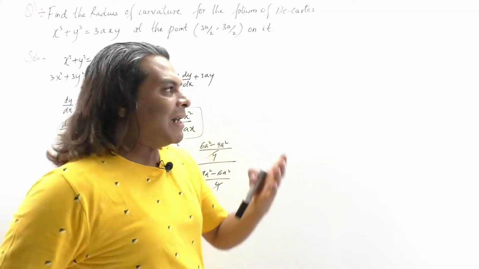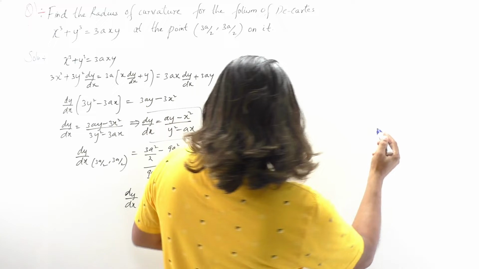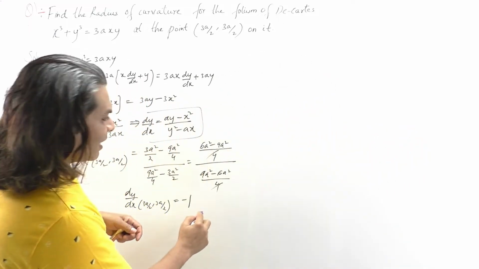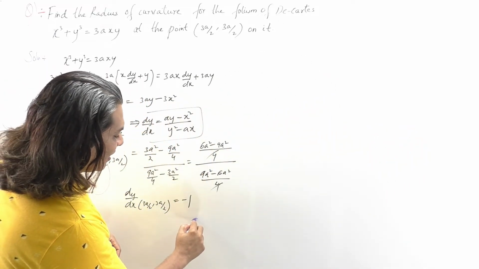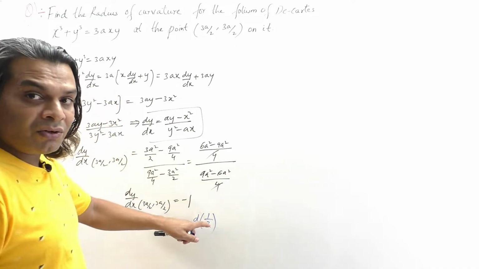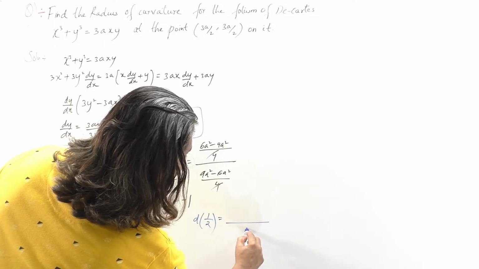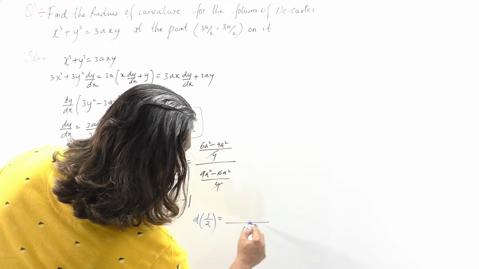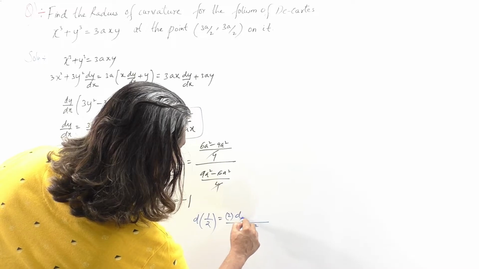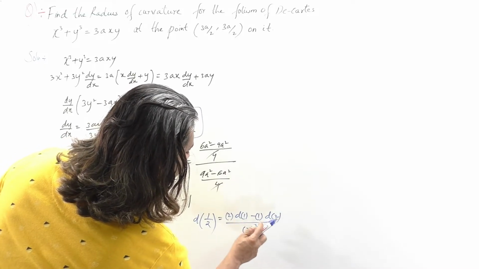I'll give a simple formula here to find the quotient rule. The quotient rule formula is: differentiation of first by second function is equal to, keep the second function square in the denominator, second function as it is, differentiate first function, minus first function as it is, differentiate second function.